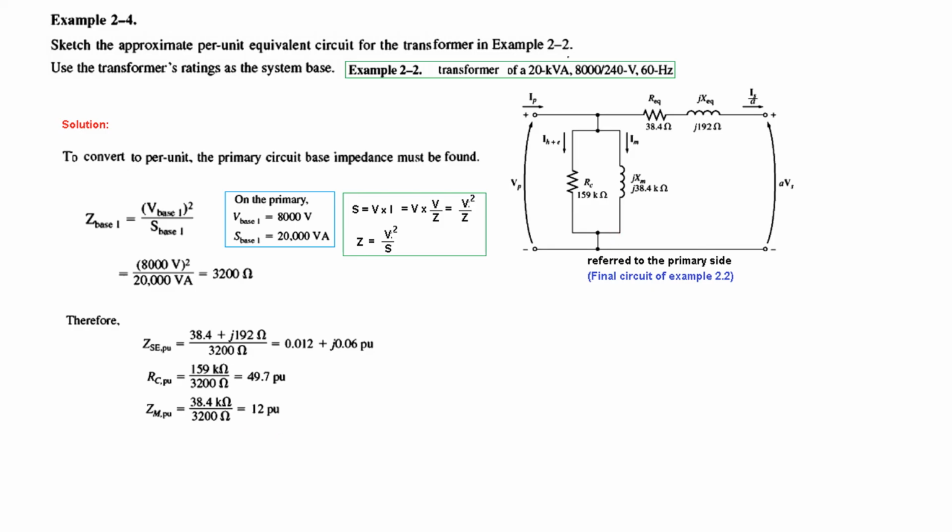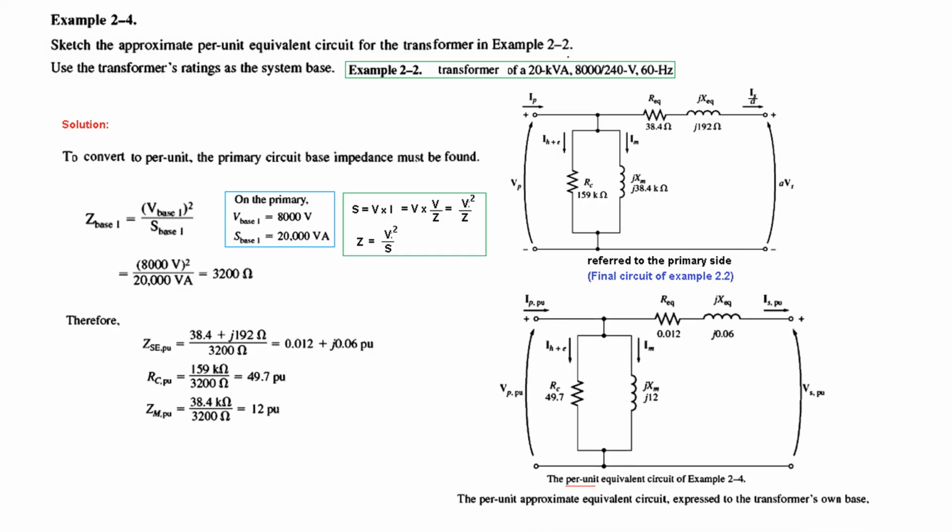So this circuit now we can convert into pu, and it will be just like this. We are just changing the values. 159 kilo will now become 49.7 pu. Similarly, this one will become 12 pu, and similarly the other two in pu. So this circuit is now converted into per unit.